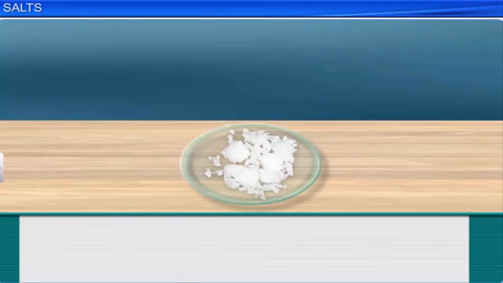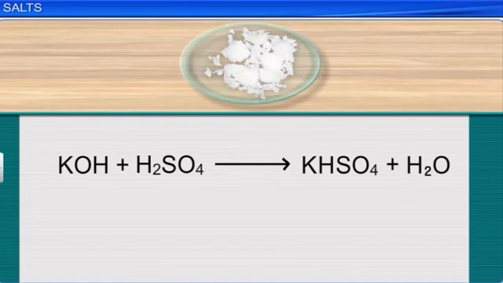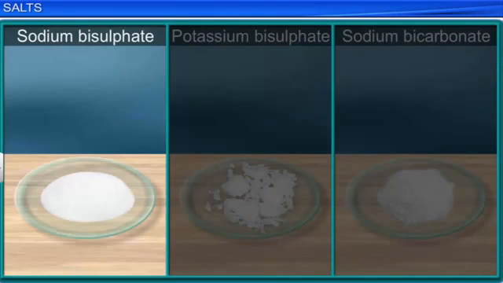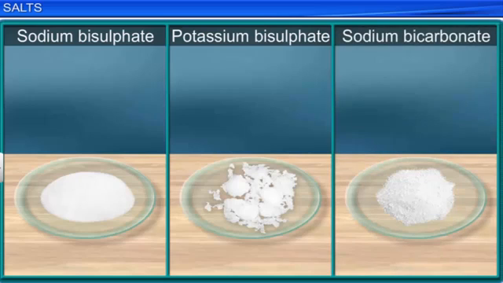Salts formed by the partial or incomplete replacement of the hydrogen ions of an acid by a metal or basic radical are called acid salts. Sodium bisulfate, potassium bisulfate, and sodium bicarbonate are some acid salts.